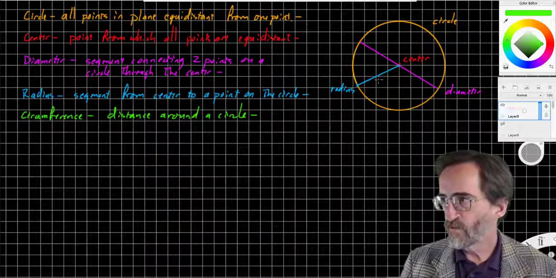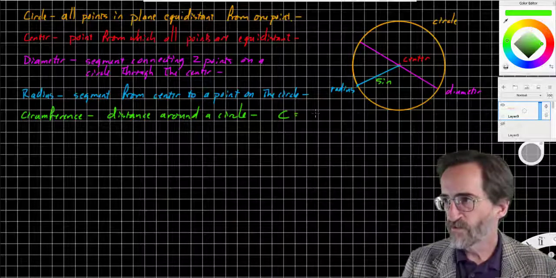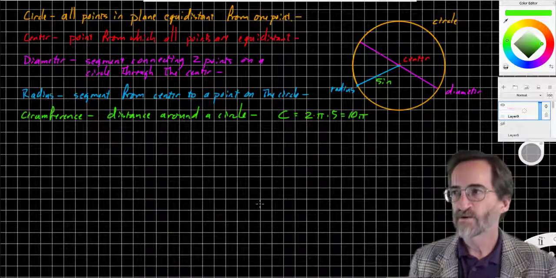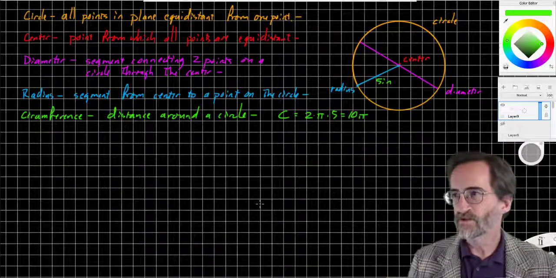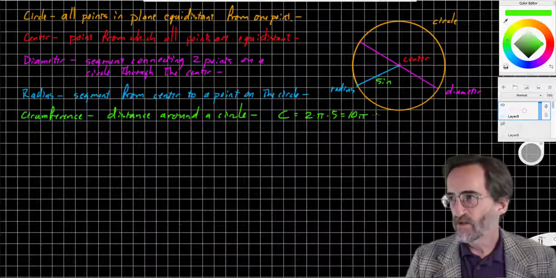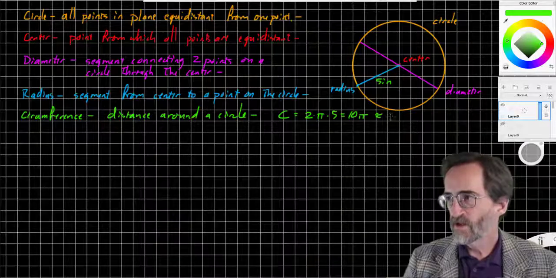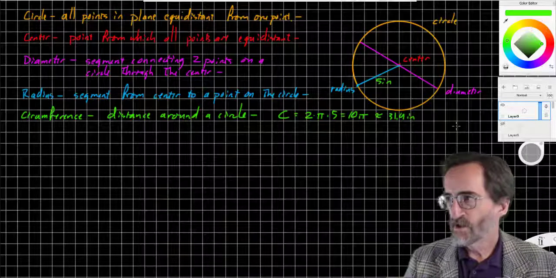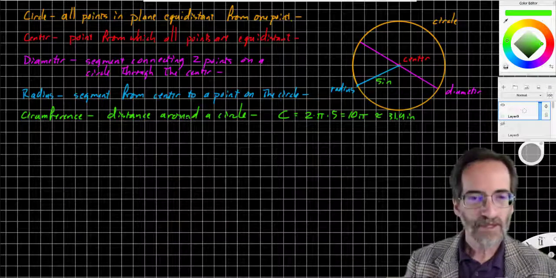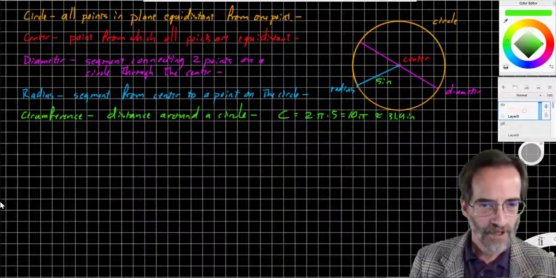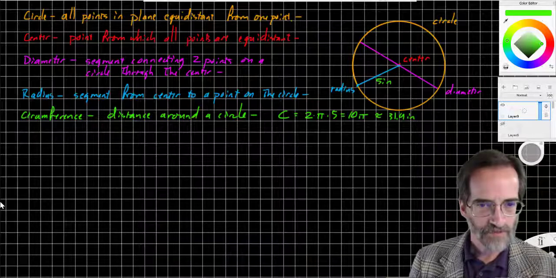Okay, so if the radius is 5 inches, then the circumference of this circle is 2 times pi times 5, or 10 pi. 2 pi r is the circumference. Distance around, 10 pi, which is approximately 3.14 times 10, or 31.4 inches.